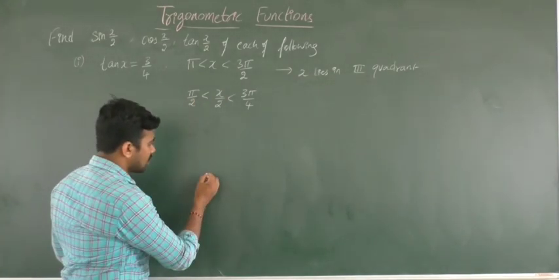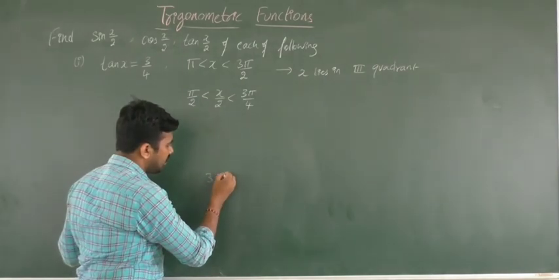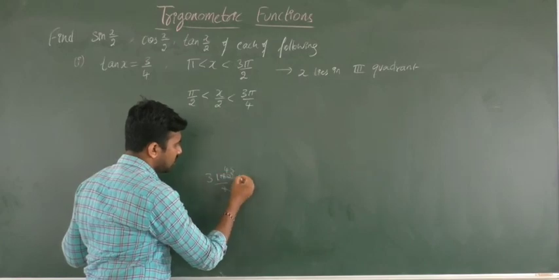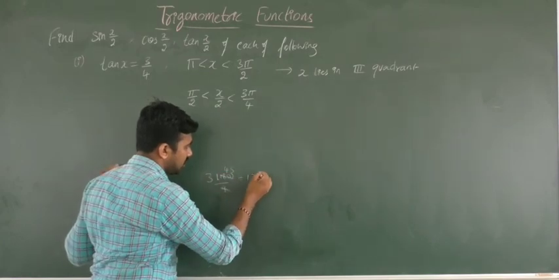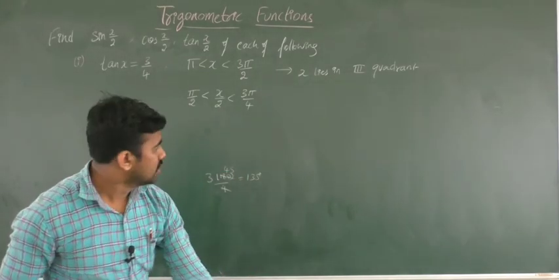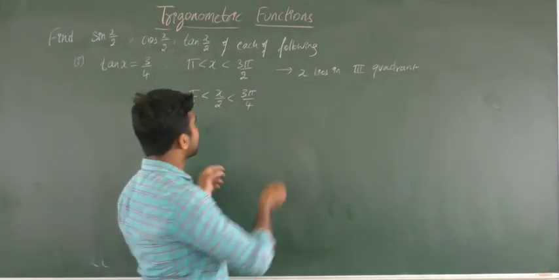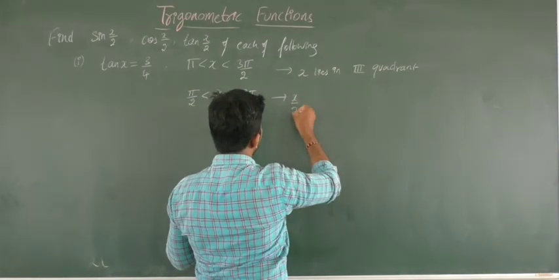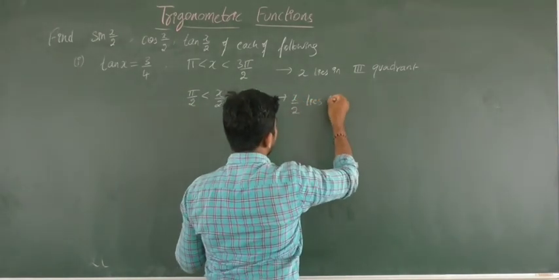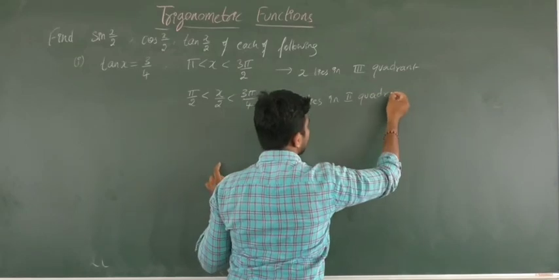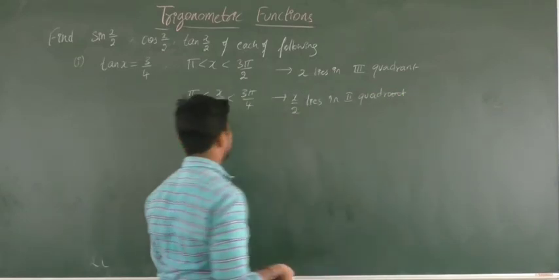You can solve like this, 3 into 180 divided by 4, that is 45 into 3, which is 135 degrees. Okay, so 90 to 135 degrees means we can say x by 2 lies in the second quadrant.